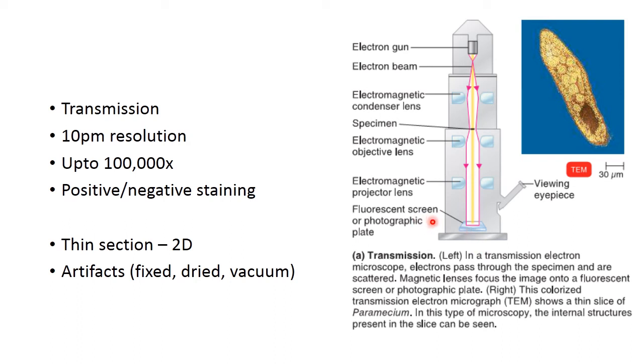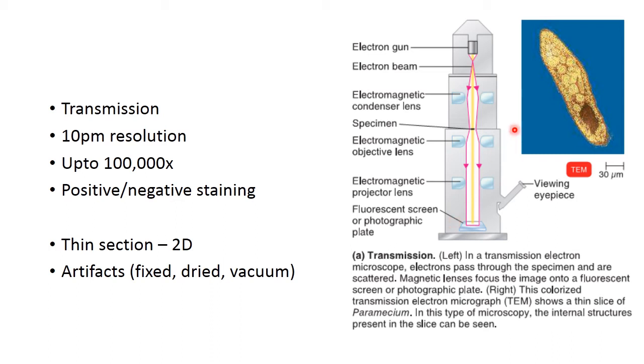The detector could be a photographic film or a fluorescent screen. This is connected to a computer, and by using computer software, the pattern of the electrons is detected and stored. Based upon the pattern and the way in which the electrons are collected by the fluorescent screen, that is then used to produce the image of that specimen.